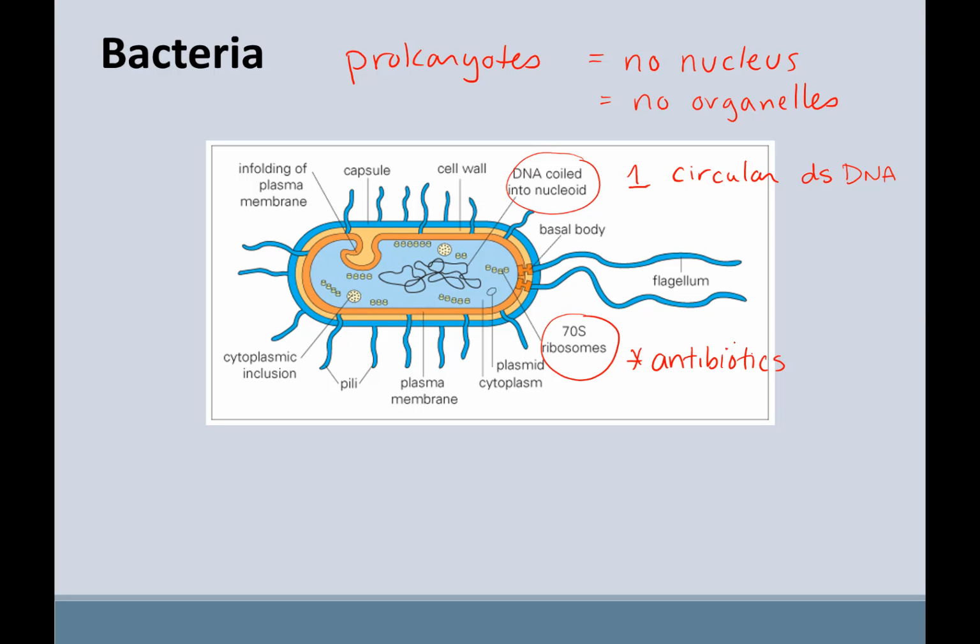So we look for differences. Another difference that is exploited by antibiotics is the cell wall, and we'll talk about that in a little bit. Bacteria also use slightly different proteins for DNA replication, so that can be a target as well.